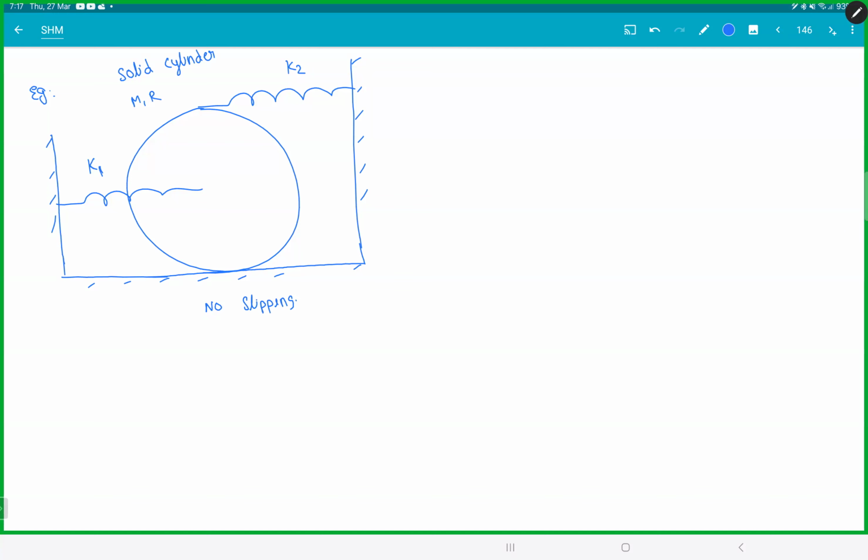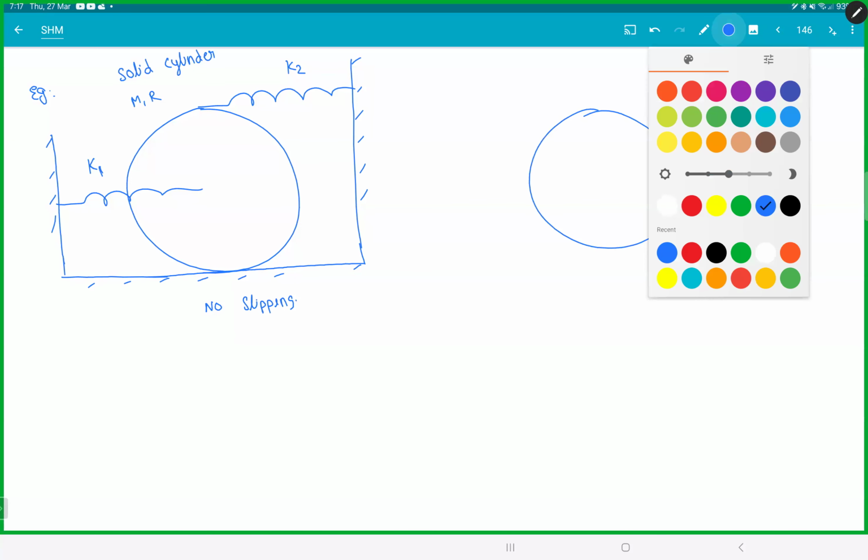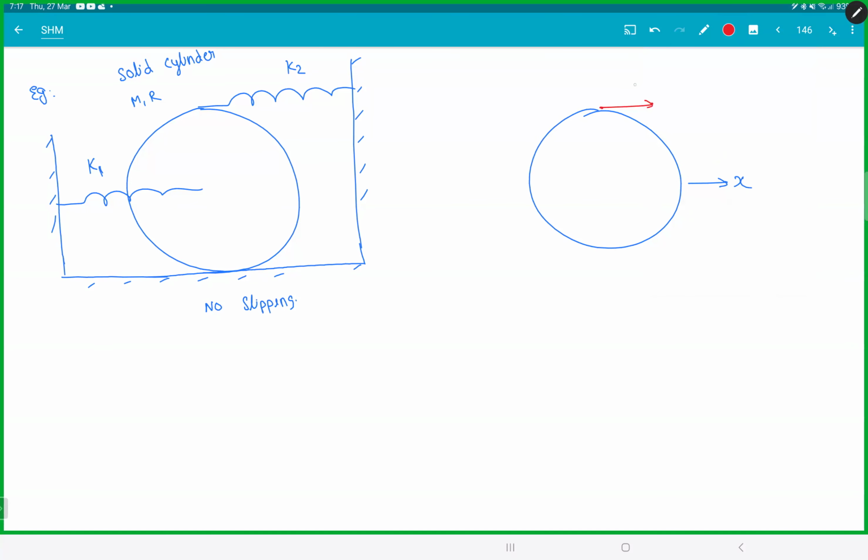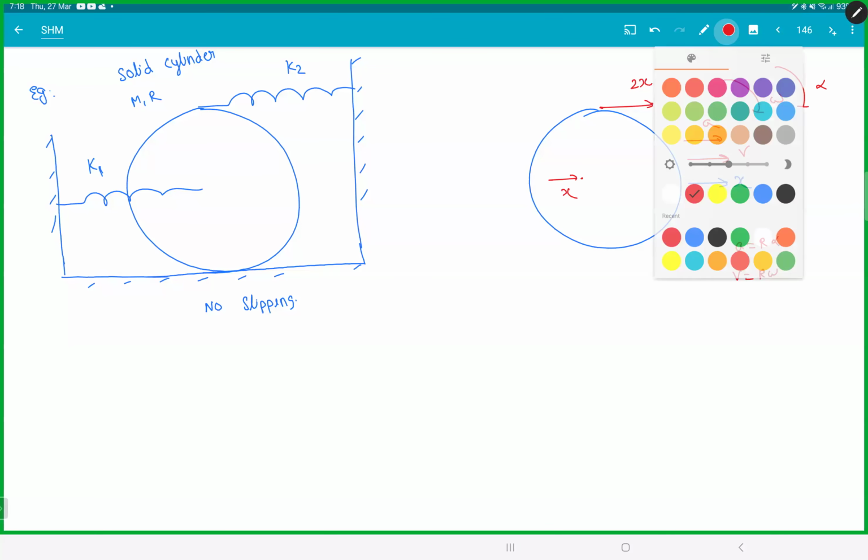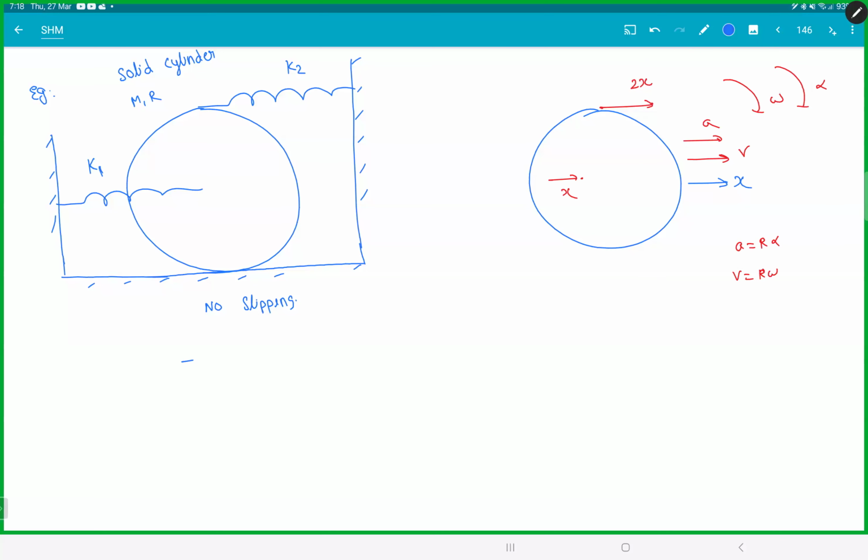Again, same story. Displace the cylinder by x. If I displace this by x, this upper spring will stretch by 2x, and this spring will stretch by x. Let the velocity be v, and let it rotate with omega. Let the acceleration be a, and let it rotate with alpha. We know a is equal to r alpha, v is equal to r omega, the no slipping condition.